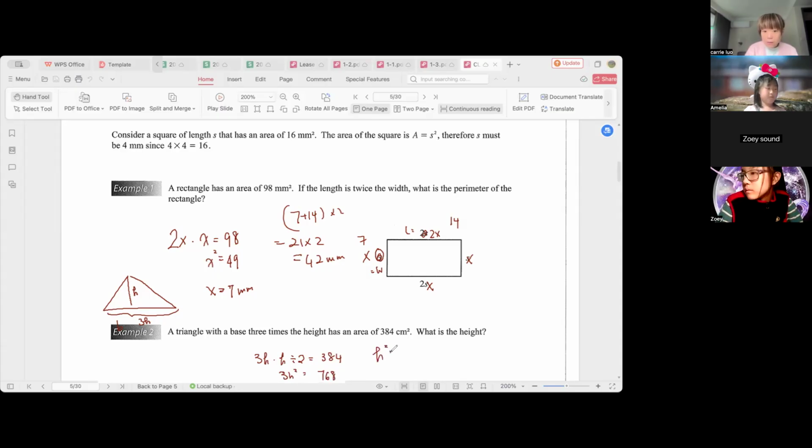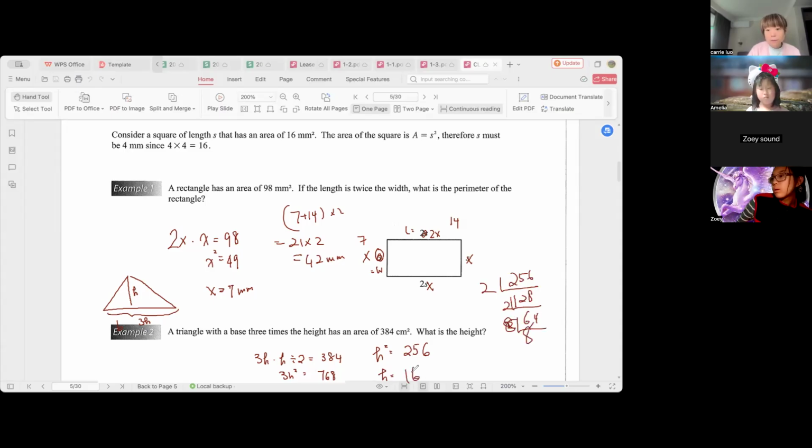And h squared equals what? 256. So h equals what? We can see 256 divided by 2, 128 divided by 2, 64 divided by 2. So you know 256 is 16 times 16, right? So the height is 16 centimeters. What is the base? 16 times 3 equals 50. Oh, sorry, 48 centimeters. Get it?